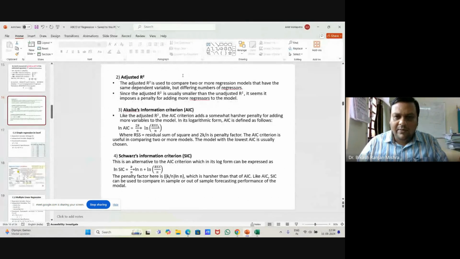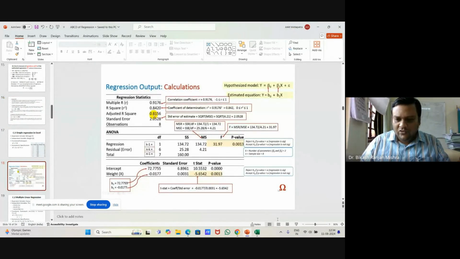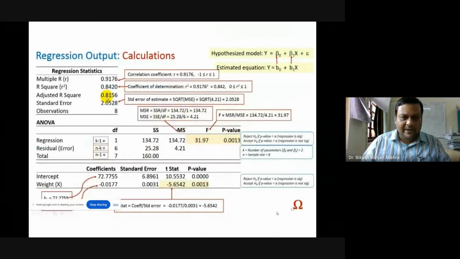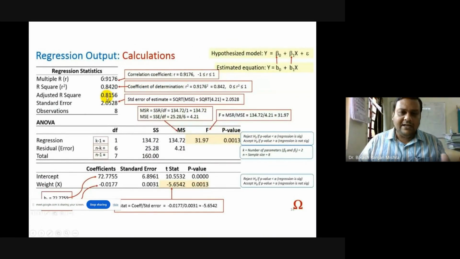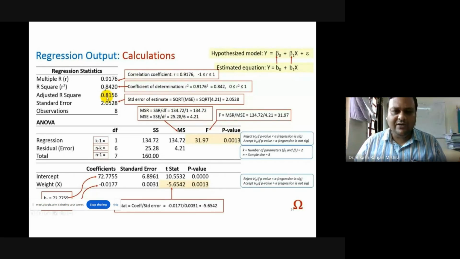That is not a problematic situation currently, because we have only gone for two variables, where one variable is dependent and another is independent. That's why the degrees of freedom problem is not very visible here. There is a marginal effect on adjusted R square, and adjusted R square will always be less than the actual R square value.